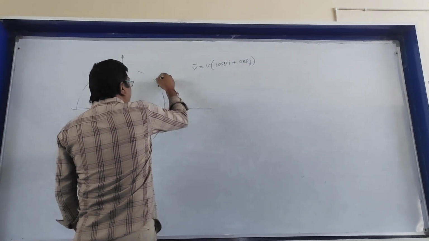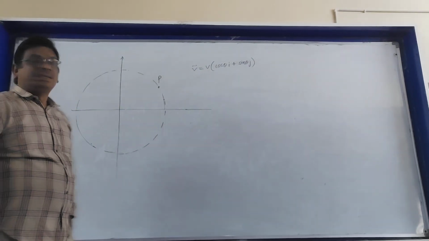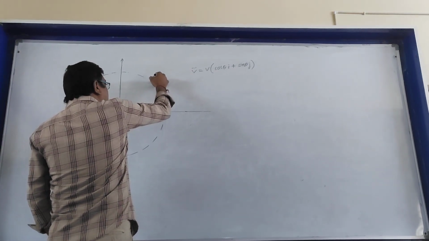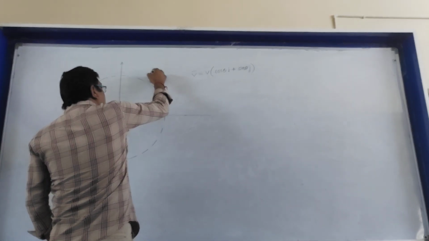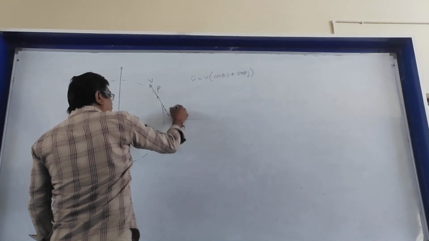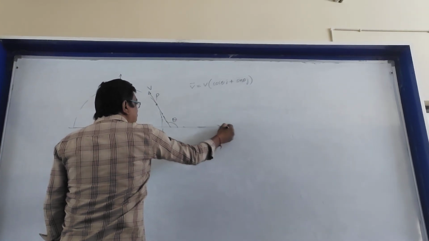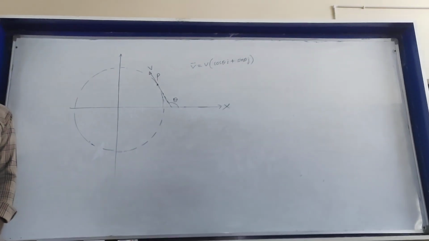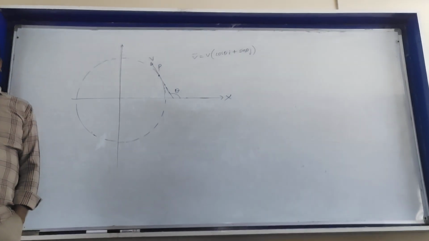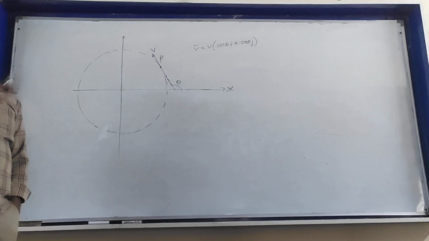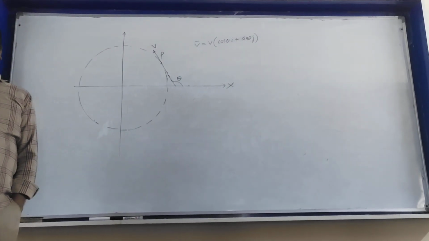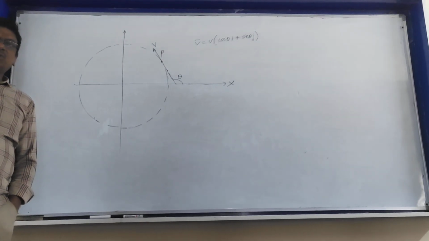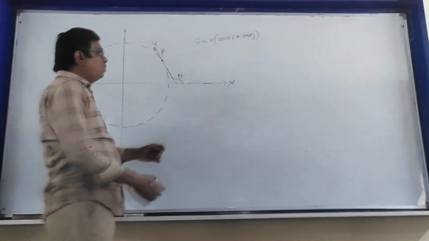If I choose the point P somewhere here, then the velocity vector is like this, and it makes an angle theta with the positive x-axis. So theta goes on changing with time. In fact, theta will go on increasing.